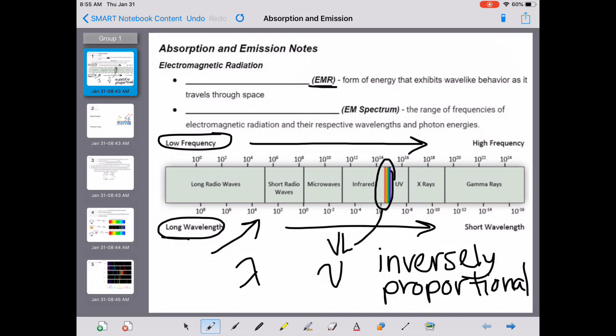But we can detect all of these different forms of electromagnetic radiation with technology, which becomes important when we are talking about identifying types of elements, which we will talk more about later in this video. But before we start, it's important to understand the different contributions made by scientists that allow for our current understanding of absorption and emission of atoms.